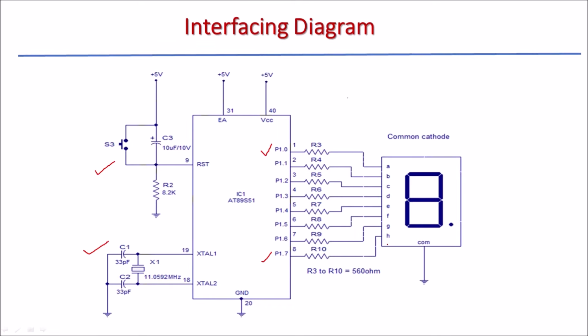To display a particular digit, we just send the 7 segment code of that digit on port P1. So if you send the 7 segment code of digit 0, that is 3FH which we have computed, on port P1, it will display digit 0 on this display. If you send the code of digit 1, it will display digit 1, like that.